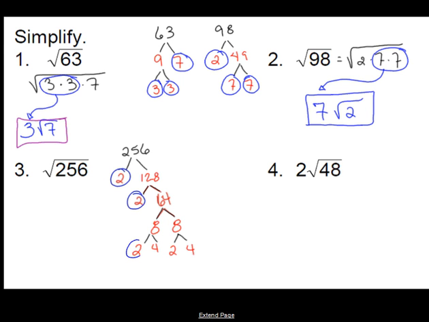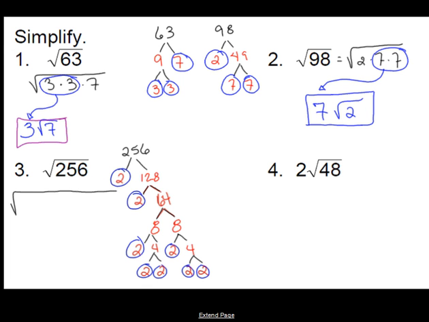All my 2's are prime numbers. The 4's can be split down to 2 times 2 and 2 times 2. These are all prime.